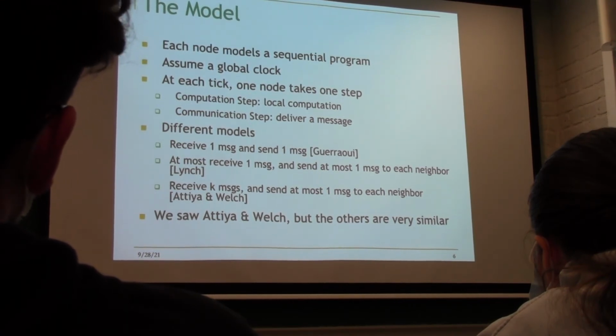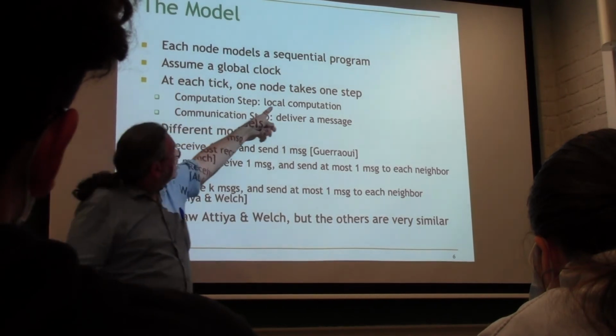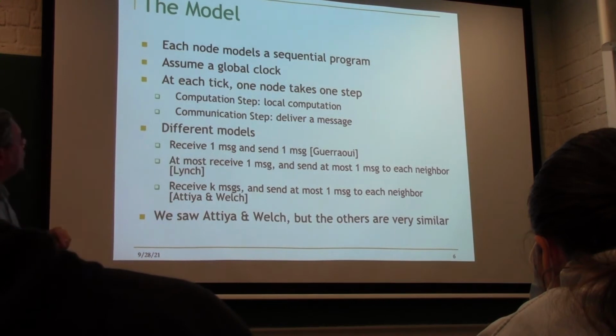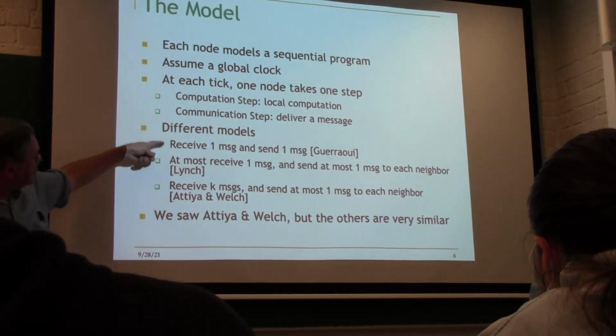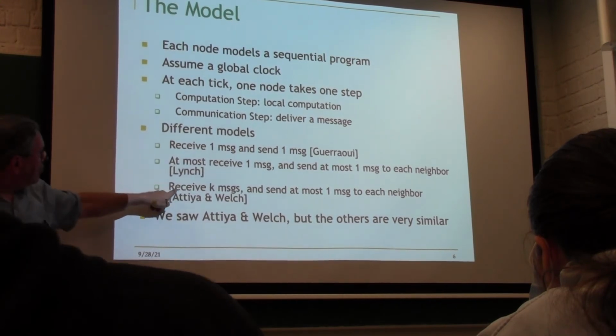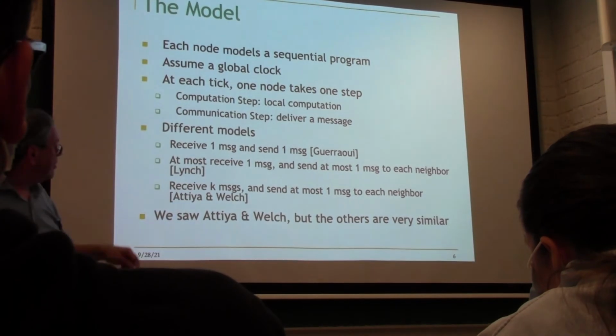Okay, so remember the model that we had. Each node was sequential. Each node does either a computation when it does a step, or it delivers a message. And then there were different messages. In our model, we have receive K messages in the in buffs, send one message to each neighbor in the out buffs.